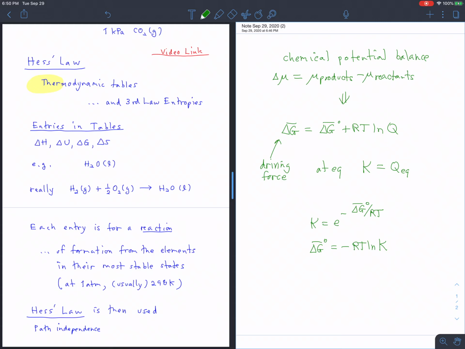In the last few times, we've been going over the thermodynamics of chemical reactions. Especially, we've been focusing on the driving forces that cause chemical reactions to either go forward or backwards, and which are all balanced at equilibrium.